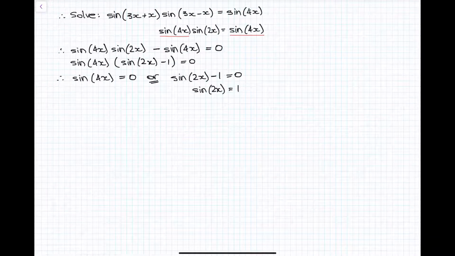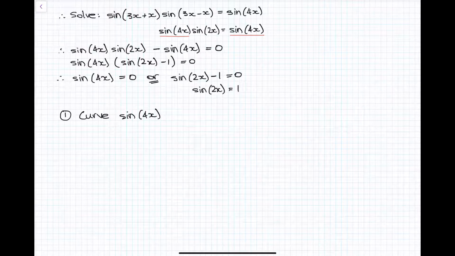So step 1, let's plot the curve of the sine of 4x. I'll just get out a ruler and let's draw up some axes. That'll be our y-axis there, and we'll just have an x-axis.